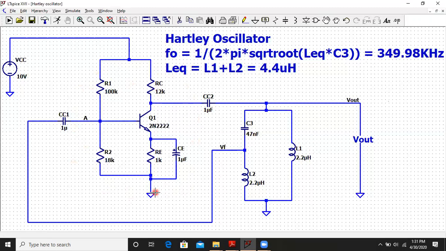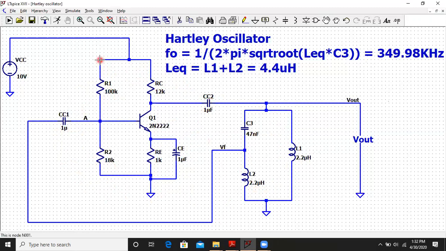Also, the phase shift around the entire network should be 0 or 360 degrees. So in this case, the phase shift provided by the LC tank circuit is around 180 degrees, and the phase shift provided by this amplifier network is again around 180 degrees. So hence the total phase shift is around 360 degrees or 0 degrees.